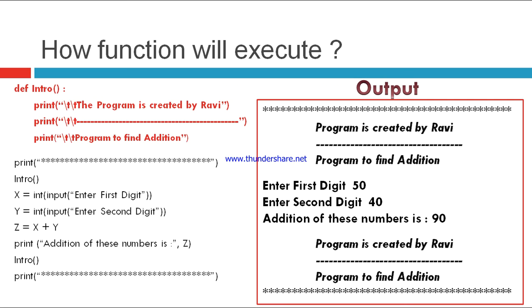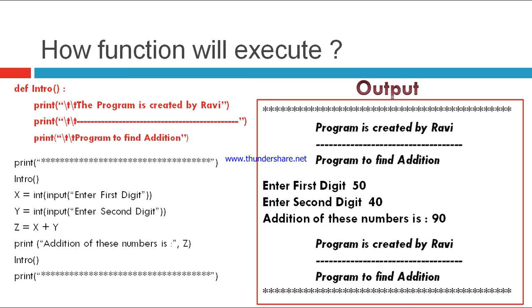So we will judge how this output will be generated by our computer. Check this line. The very first line that the computer will execute is def intro. It is the definition only. No effect will be there on the monitor. Now the computer comes toward the second line on the same indentation level.